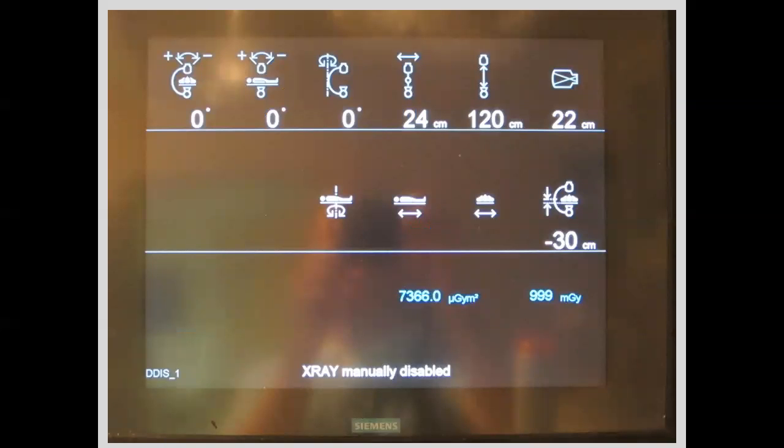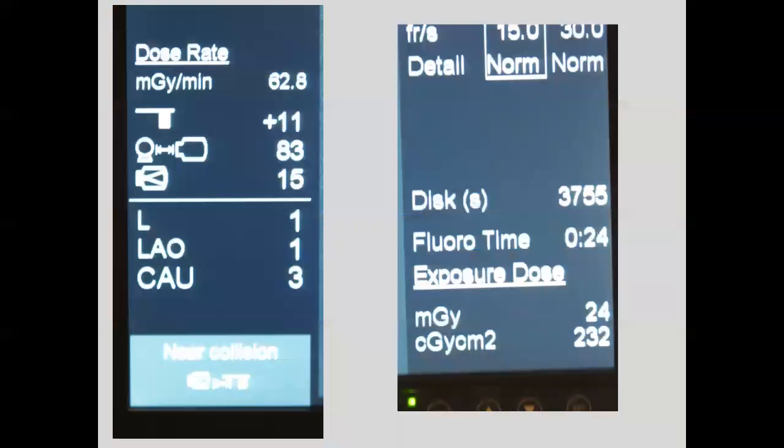Now, when you walk into the fluoroscopy, when you walk into the cath lab, where do you see these numbers? It's going to depend on the machine, okay? This is our Siemens machine. Here's your dose area product, and here's your cumulative air kerma. When you step on the fluoro switch or cine, this will have a little dash and say milligray per minute. So that's where you would see it in the Siemens room.